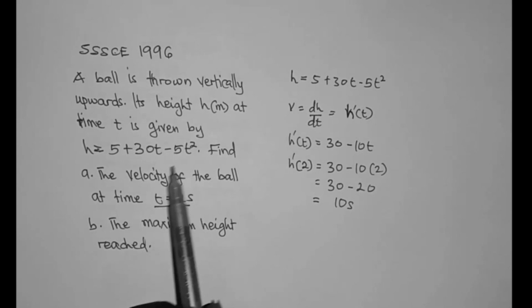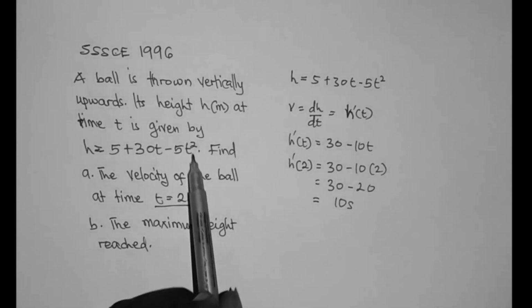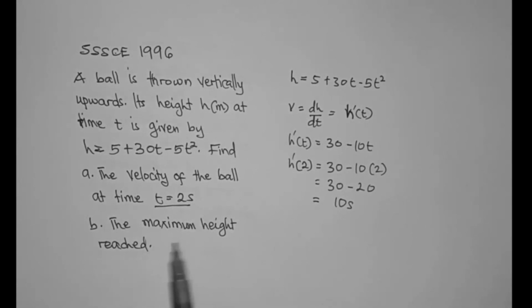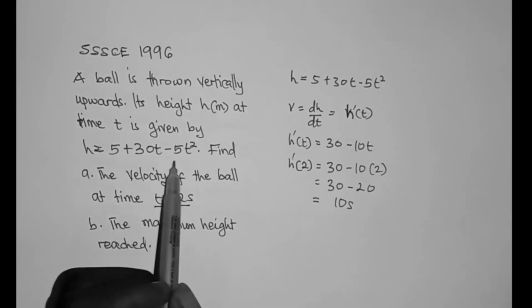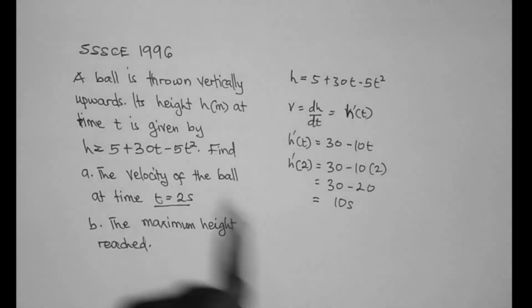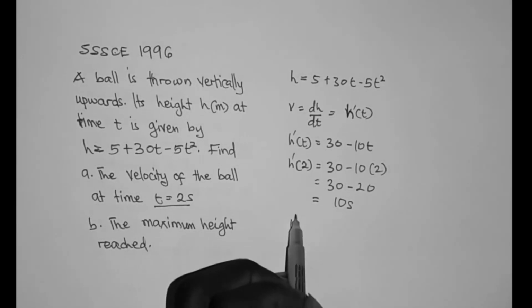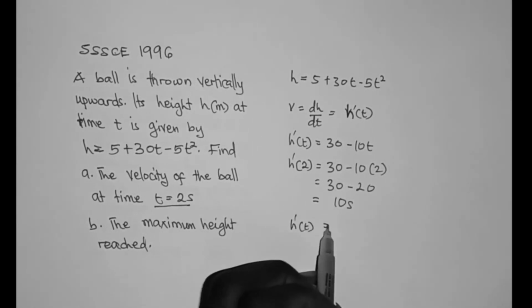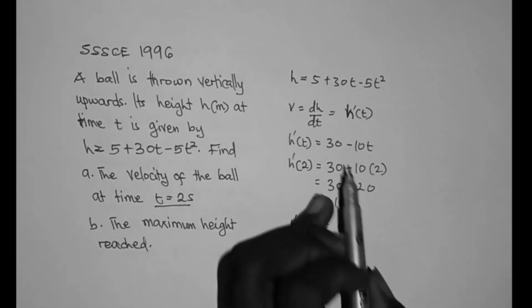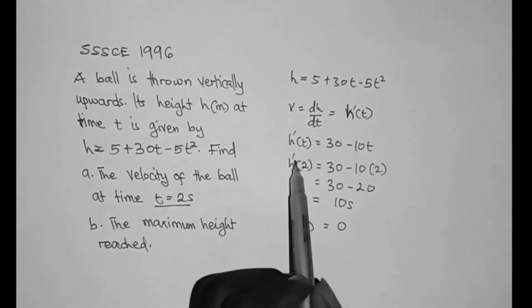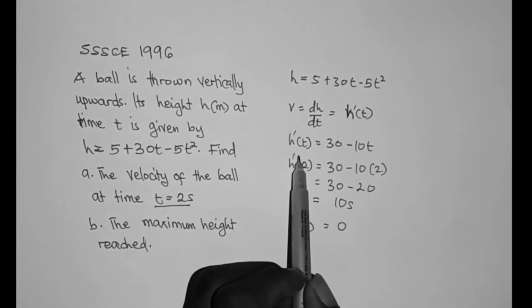We will not know the maximum height except we find the time at which the maximum height is reached. So the first thing is to find the time at which the maximum height is reached. But we know that at the maximum height, h prime of t, which is the velocity, is equal to 0. So we just have to take h prime of t and equate it to 0.